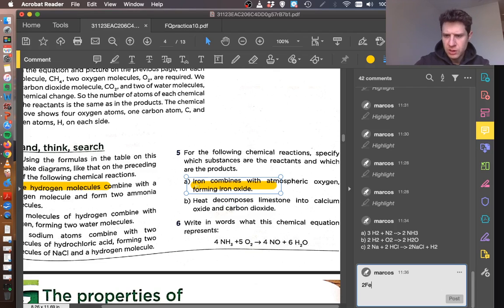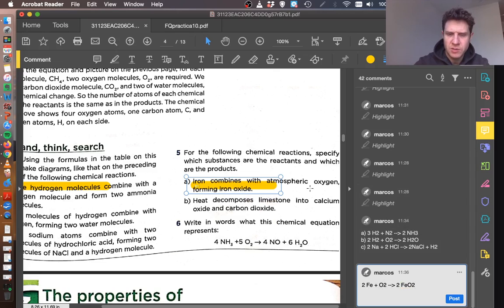So 2 atoms of iron combine with atmospheric oxygen. You suppose that is this one, 1 molecule of oxygen. And as a result, we have 2 iron oxide. Simple as that.